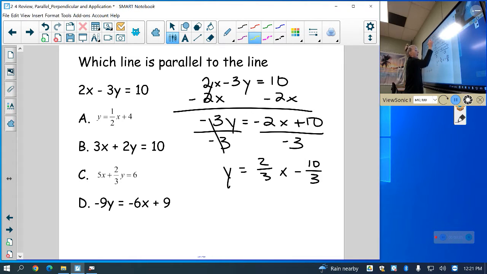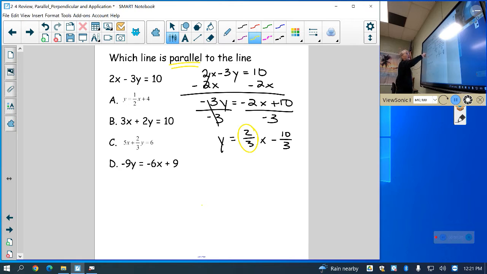The thing that matters here is we're looking for parallel, so they have to have the same slope. So which one of these has positive 2/3 slope? Well, we have to solve each one of these for y and find the slope. Number A already is, and this is positive 1/2. Does that have the same slope? No, so that one's out.